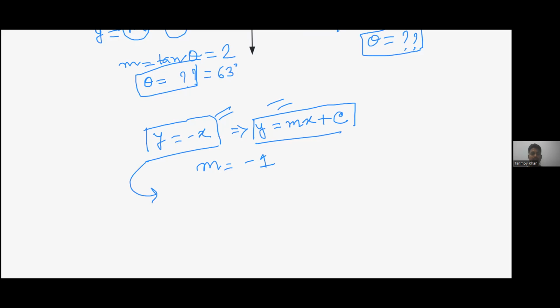How can you write it? y equals minus 1x plus 0, right? So m will be minus 1 and c will be 0. So again, if you draw it, how will it look?